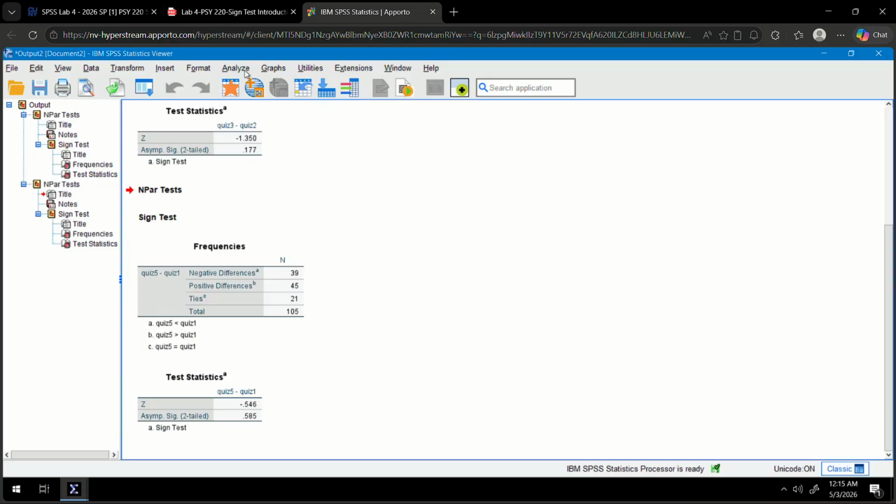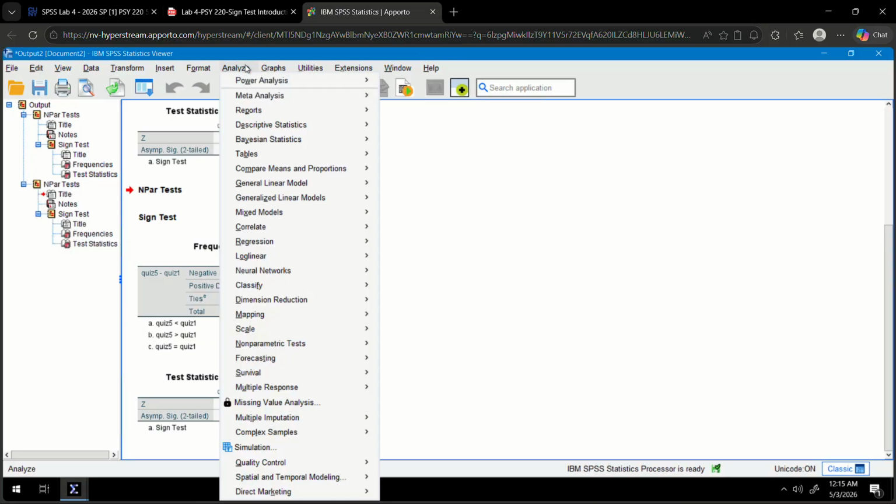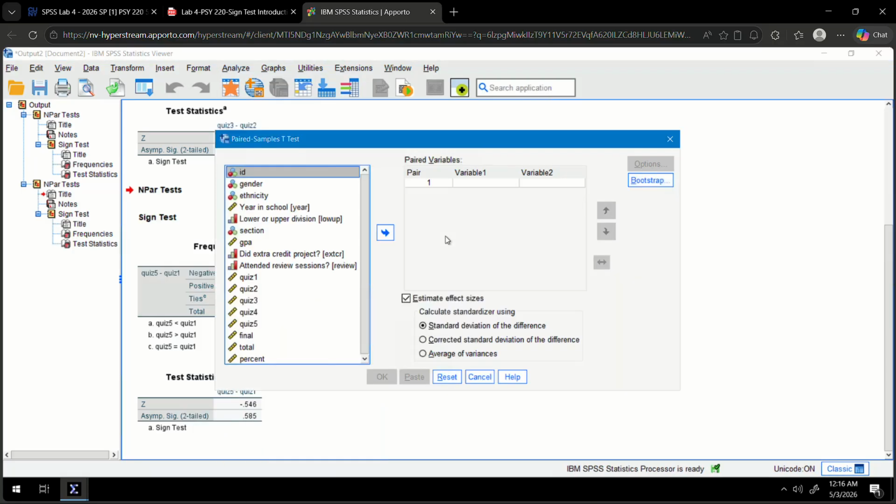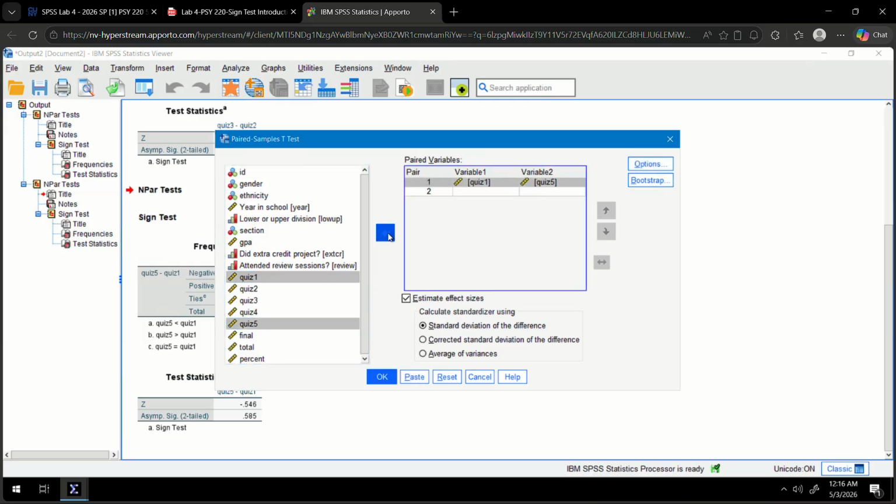And if we just look at a t-test from this point of view, quiz 1 and quiz 5, let's take a look at a paired samples t-test to see if there's a difference. So we're going to do compare means here, paired samples t-test. Is there a difference between quiz 1 and quiz 5? This is going to look at the means and standard deviations.